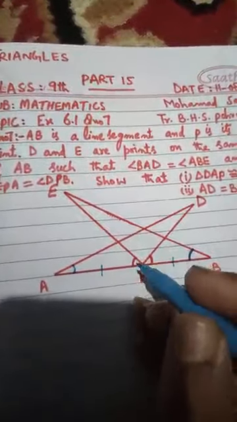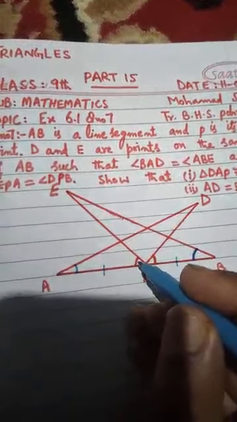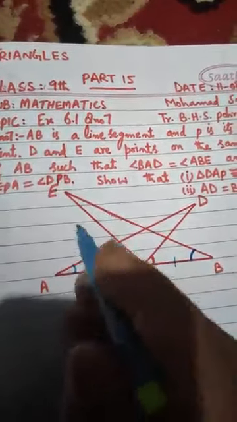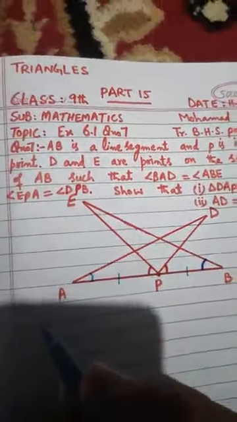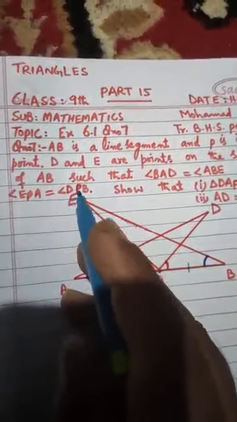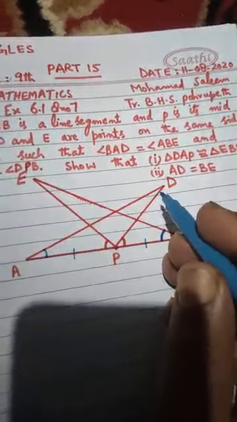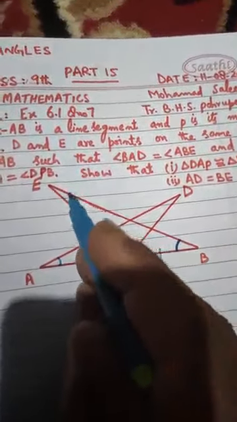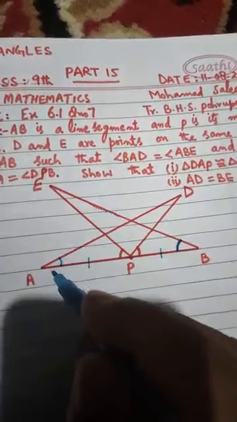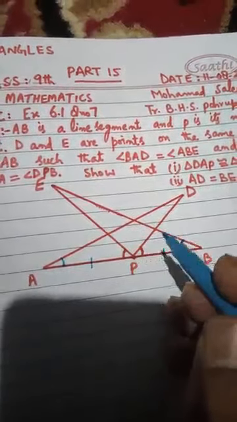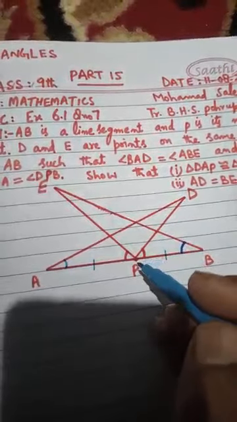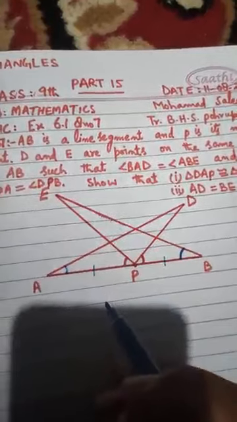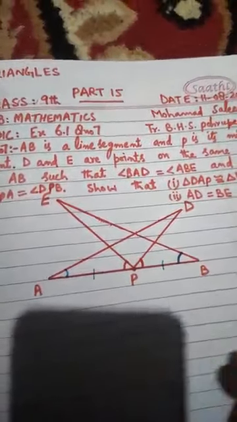That means this angle, which has been marked with a red colored sketch pen, angle EPA, is equal to this angle, and its name is angle DPB. Okay, this was whatever was given.